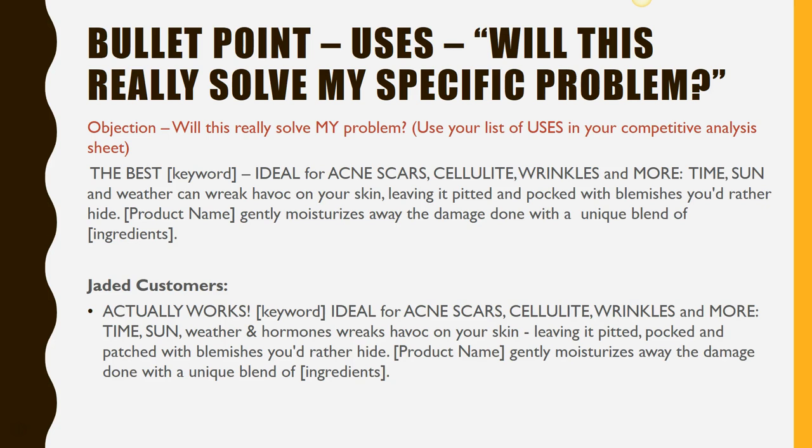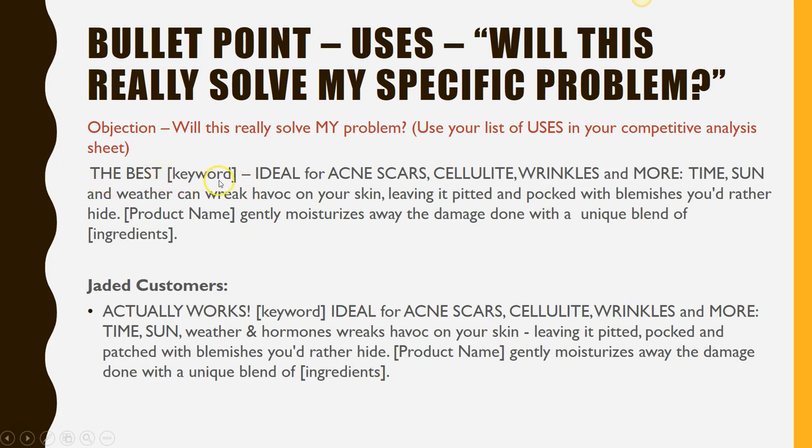So the uses bullet point. A lot of people say ideal for. We've actually seen ideal for work. So they'll say ideal for acne scars, cellulite, right? But we want to frame in front of ideal for most of the time. And sometimes you don't need to, but we want to frame like the best, what is this?